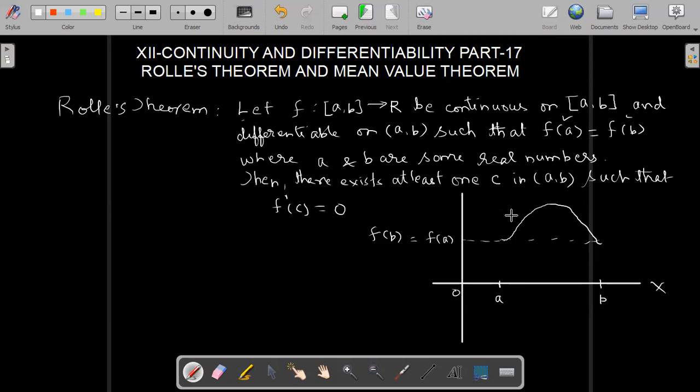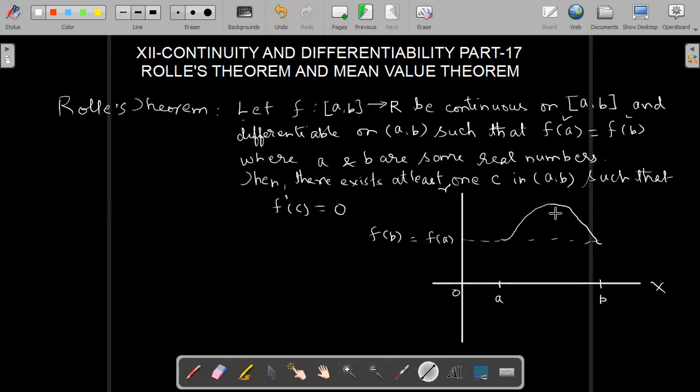f(a) is equal to f(b) on the y-axis. This is O, this is the x-axis, this is the y-axis. So when the curve starts going up, or it can go down also, there will be a point where it reaches its maximum height. Suppose that point is c, because c is a point where the derivative is 0. The derivative is the tangent at that point.